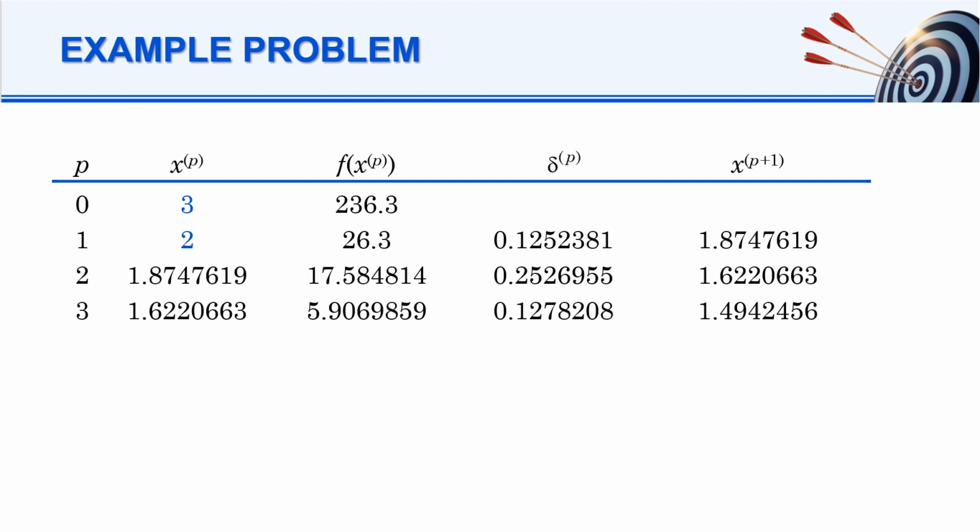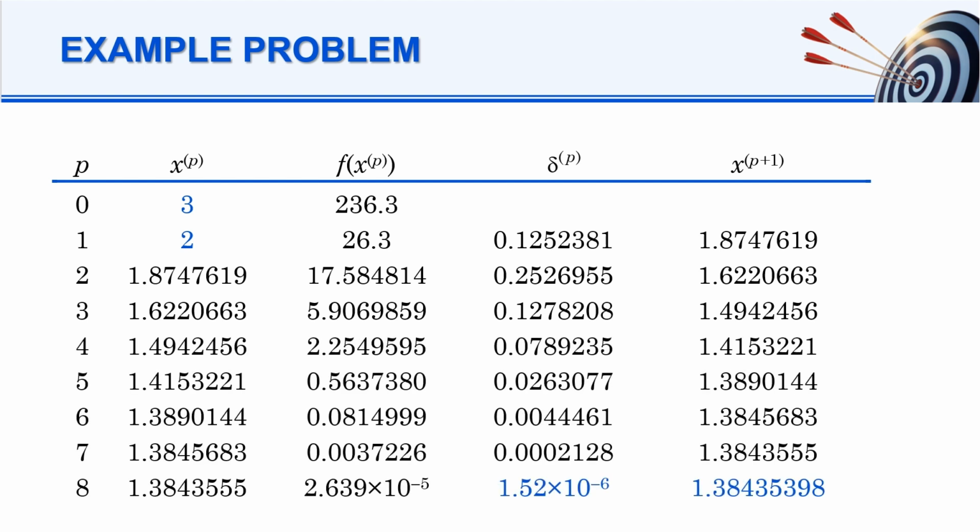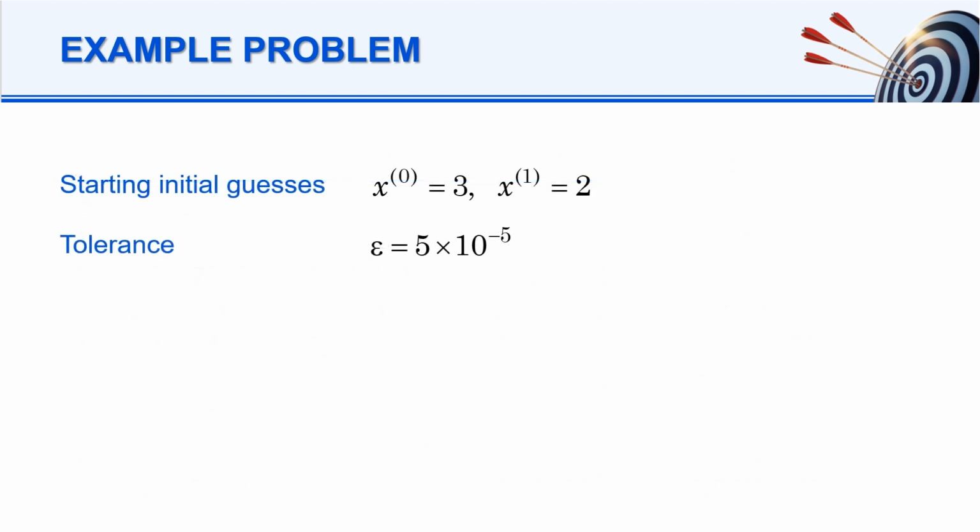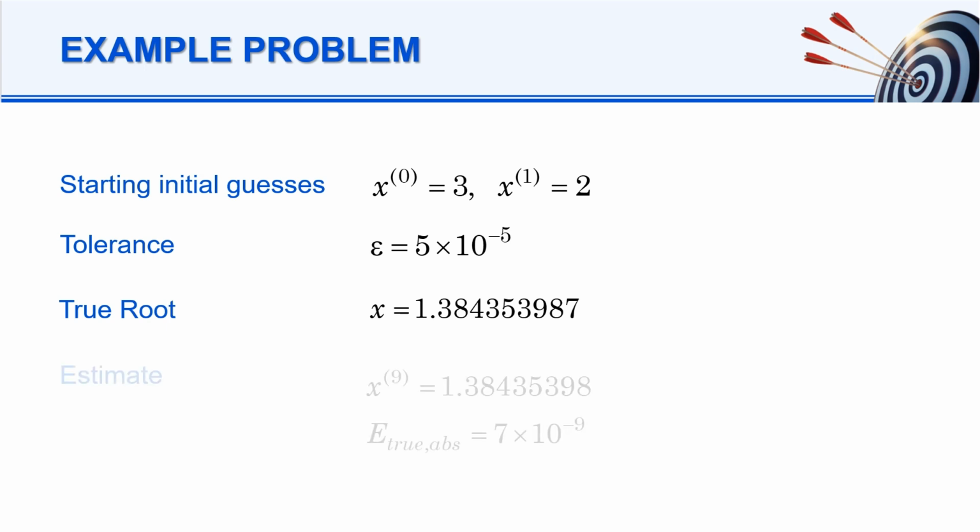The iteration procedure in this example yields the converged solution after 8 iterations. The true root is an estimate obtained to 9 decimal places of accuracy. The 9th estimate is obtained as 1.38435398, which has an absolute error of 7 times 10 to the minus 9.